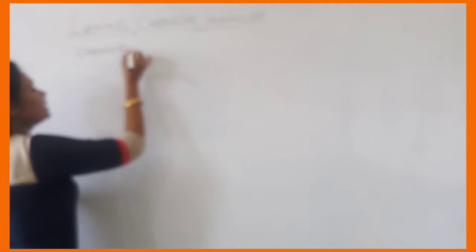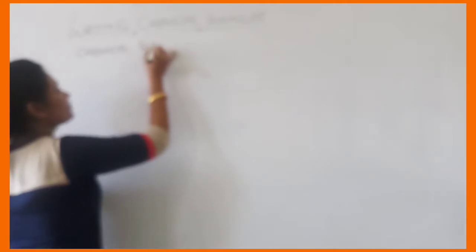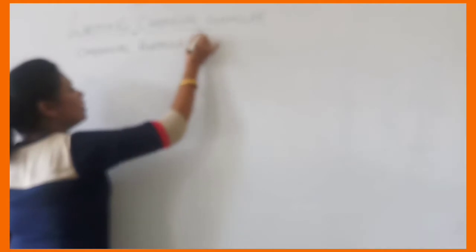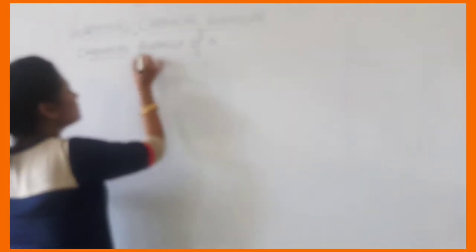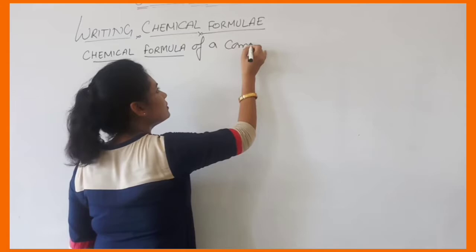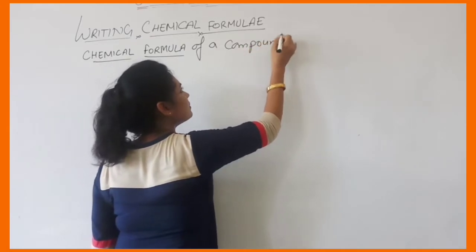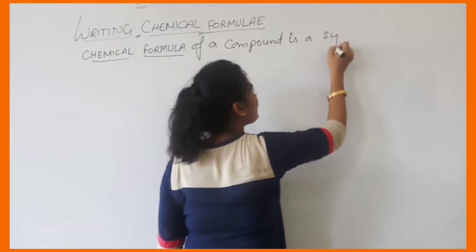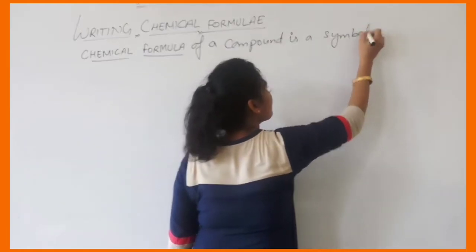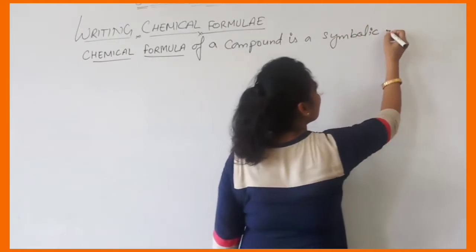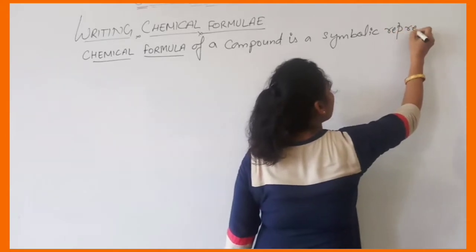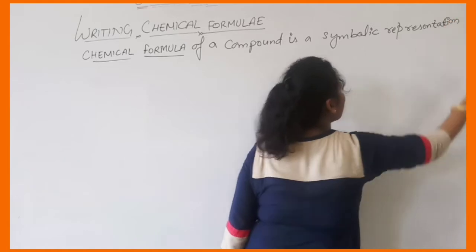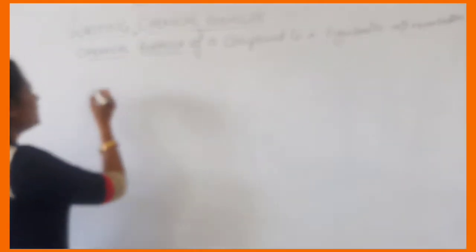The chemical formula of a compound is a symbolic representation of its composition.